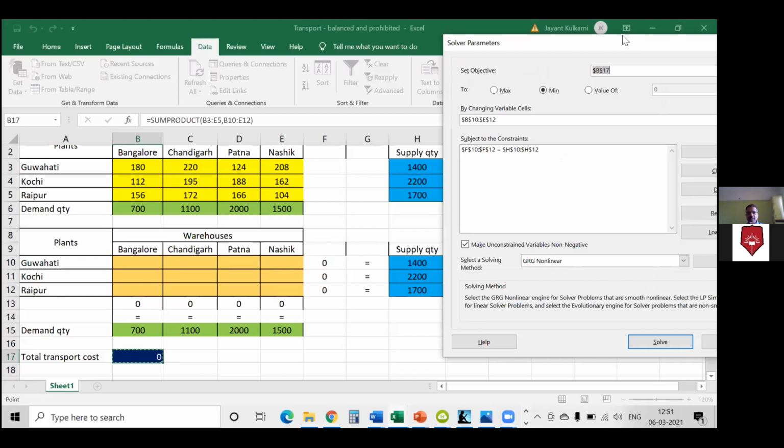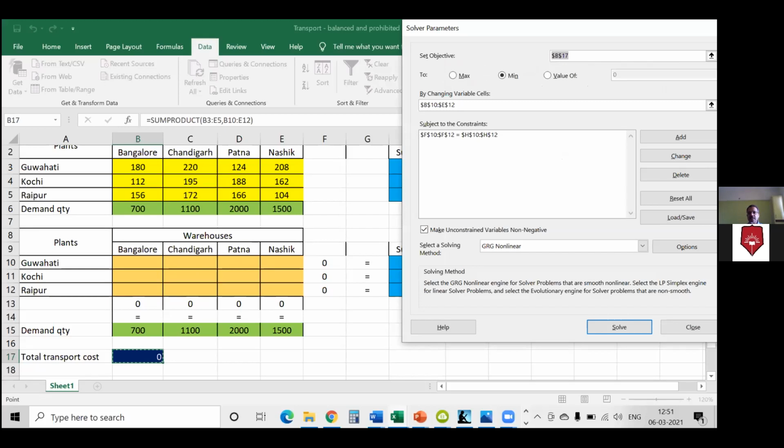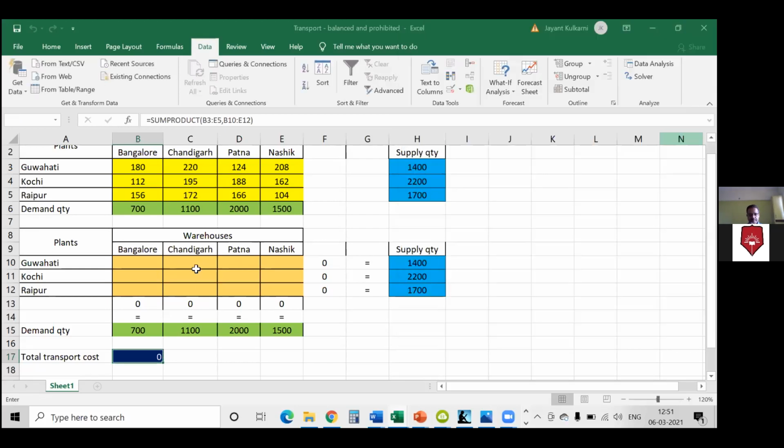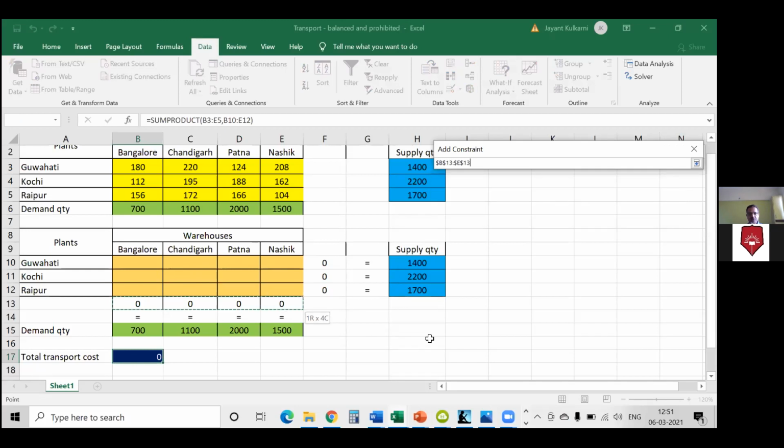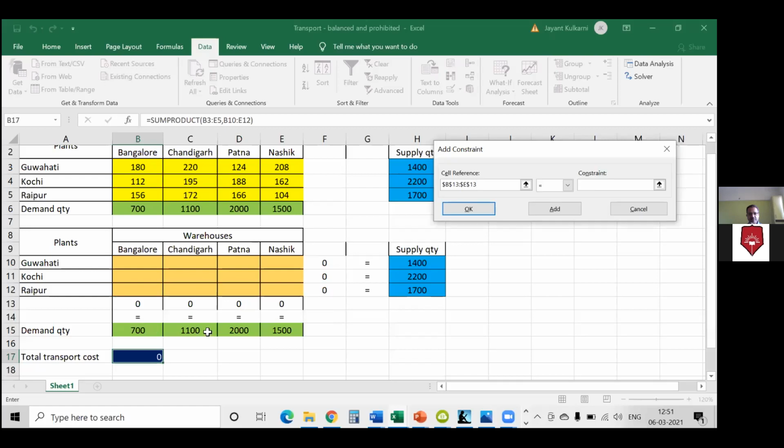I still need to add the set of constraints on the demand side, the destination side. So I click Add, select these four cells for the four destinations, select the equality sign as is equal to, and select the constraints so that they match the quantities in the green cells. So these four cells are equal to these four cells.